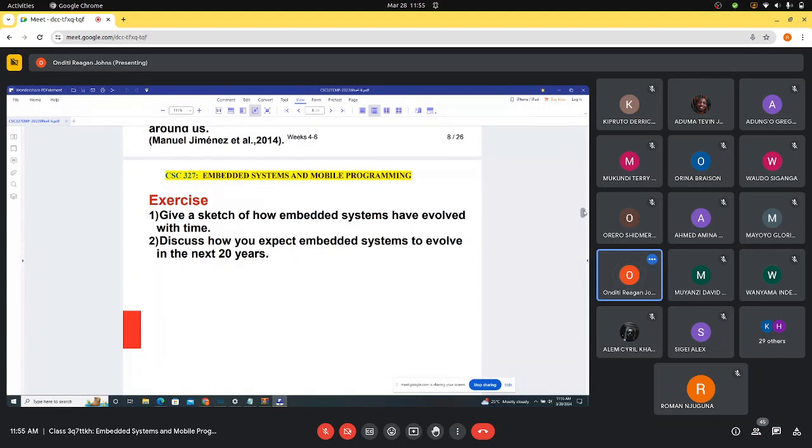And actually, we are doing them side by side. We are looking at the computer system architecture, and alongside it, the embedded system architecture. So I will pause there and would want to get questions from your end before we continue. Any question?